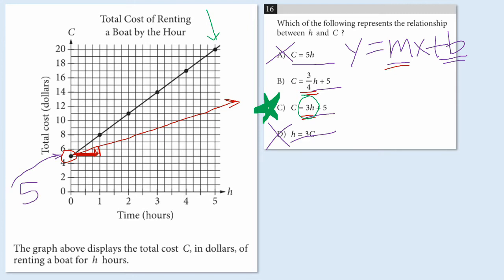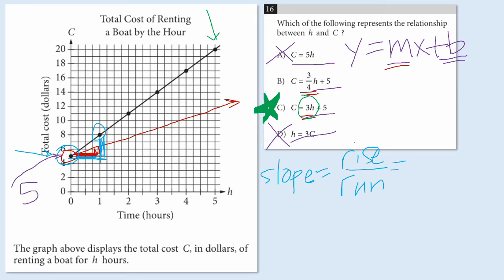So slope is equal to rise over run. So let's start with this point here, our y-intercept, and go to the next point and compute the slope. So there's the run and there's the rise. Well, the rise is going from 5 to 8.